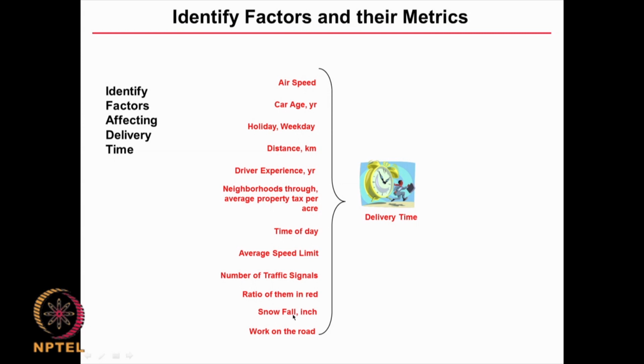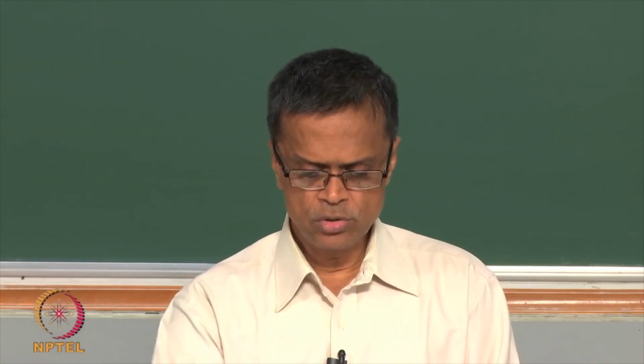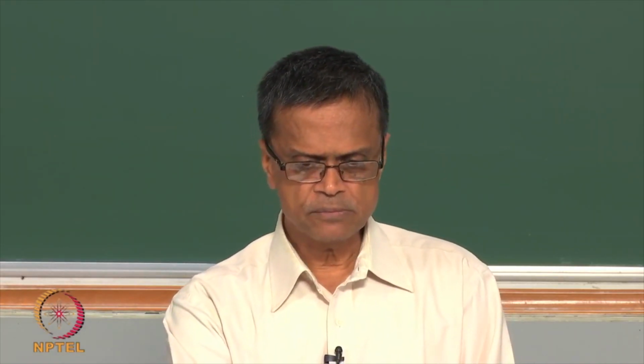Here we talk about snow or rain or any other factor, is there any road work going on. So, all these are going to affect your delivery time, right. Many of them may be very important parameters, some of them are not very important, but you have a large number of parameters which are to be at least initially considered if you are going to do a proper study.